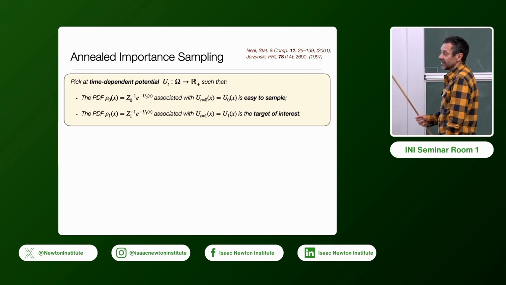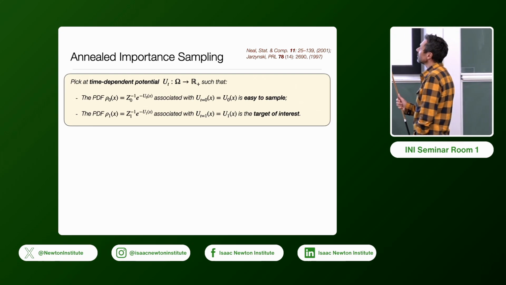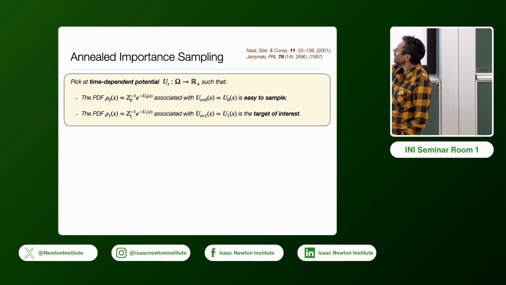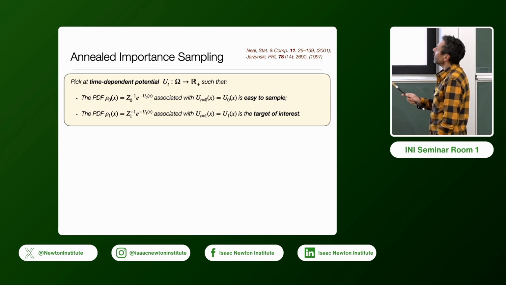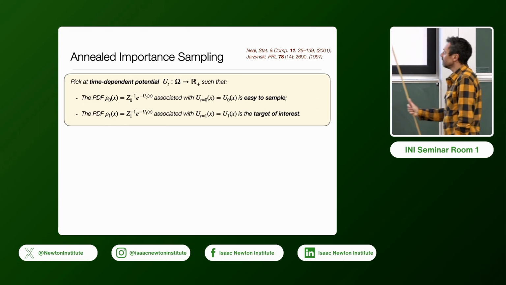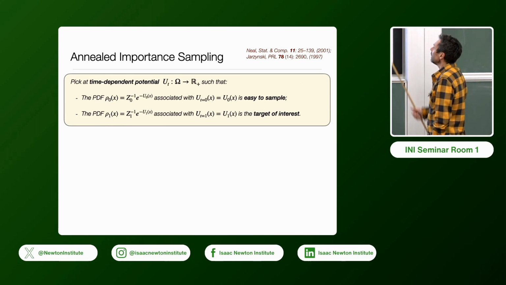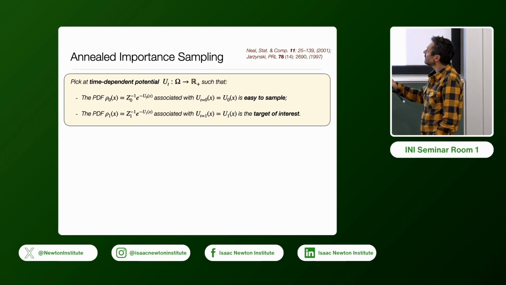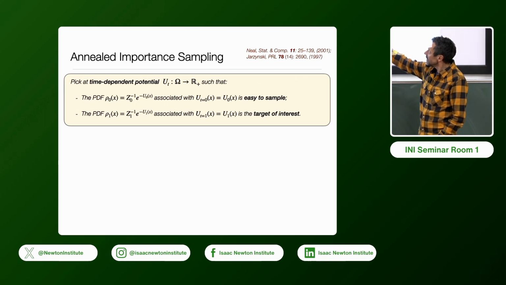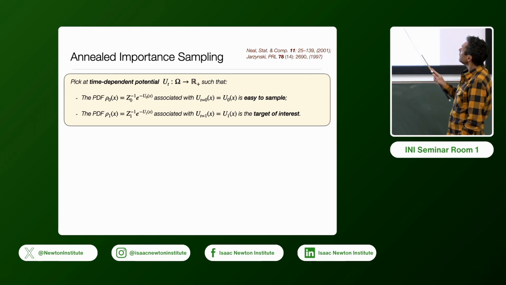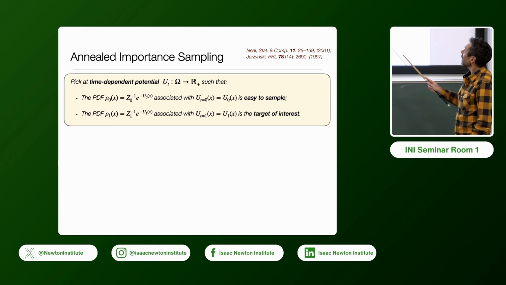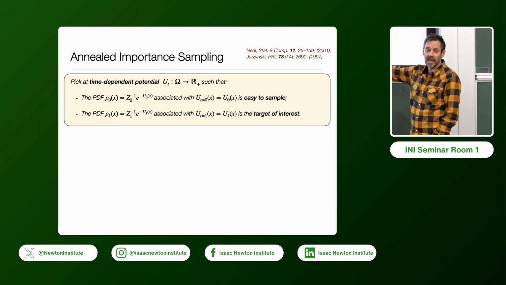So the idea will be like this, and this really fits what Christoph was discussing yesterday: we're going to pick a time-dependent potential, which we assume bounded below, and such that we can associate a PDF to it, right? And that we define in such a way that at time t equals 0, we can associate with it a Gibbs density that is easy to sample. And at time t equal 1, it gives the target density that we are interested in sampling.